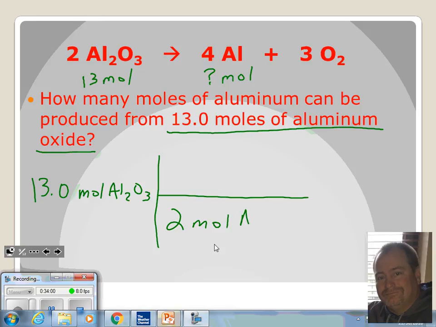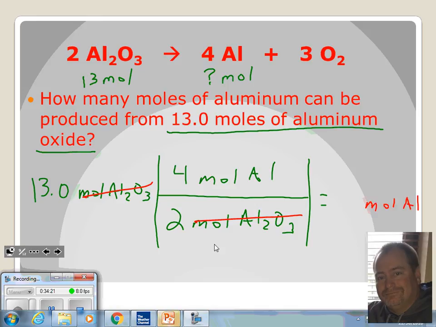So I'm going to put 2 mole aluminum oxide and the value I want to find, and that way I can get this right here to give me that final mole of aluminum. So that cancellation is the big thing.